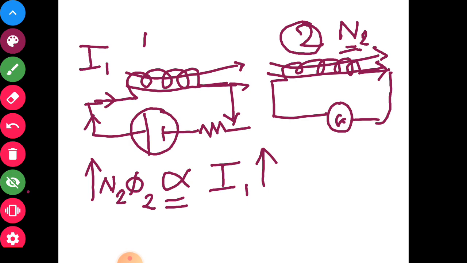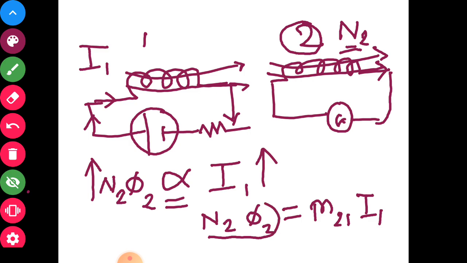So N2 phi 2 is equal to the mutual inductance of coil 2 with respect to coil 1, M21, times I1. If you make M21 the subject of the formula, it becomes the total flux in the second coil divided by the current in the first coil.